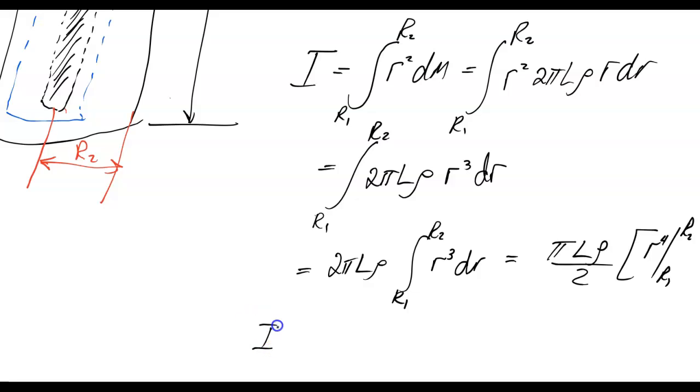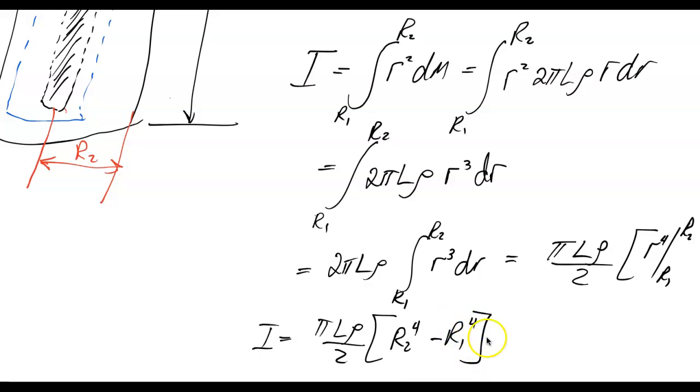which means that the moment of inertia is given by pi L rho over 2 times r2 to the 4th minus r1 to the 4th.